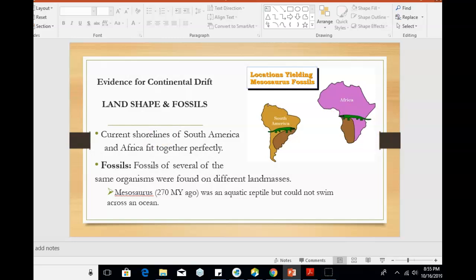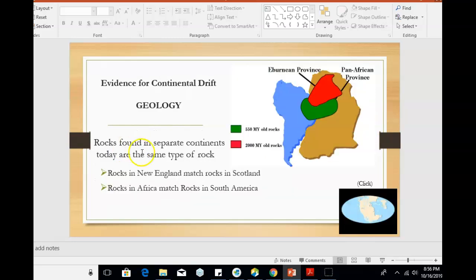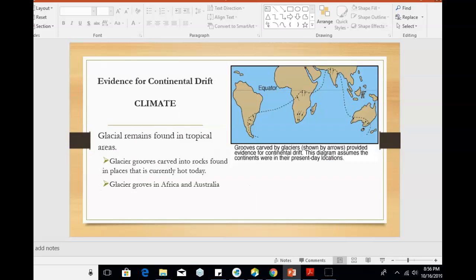Another one we look at is the rocks, having similar rocks with the same chemical makeup on different continents shows a connection. Another one we also looked at was the evidence of ice, or some of the ice grooves, the glacial removes in tropical areas.